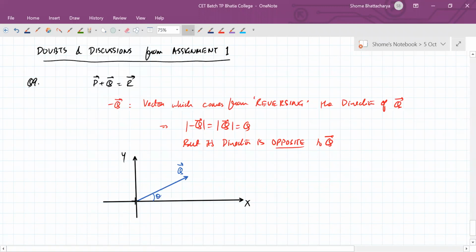So it will be a vector that has opposite direction and same magnitude.